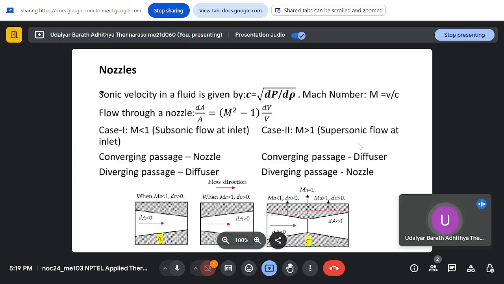So if you have supersonic flow at inlet, then a converging passage will act as a diffuser, and a diverging passage will act as a nozzle. This is all given by this expression here. So for a Mach number greater than 1, you need to have a converging diverging nozzle.